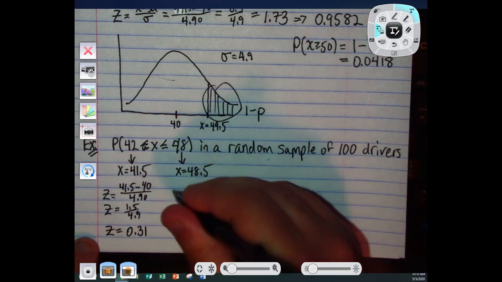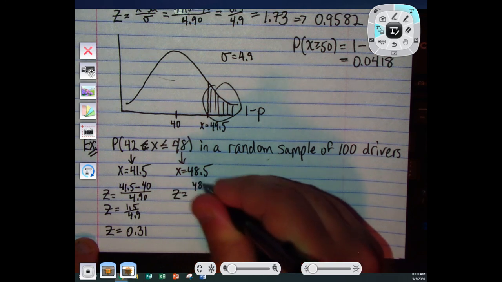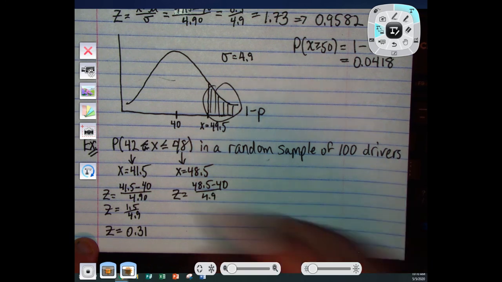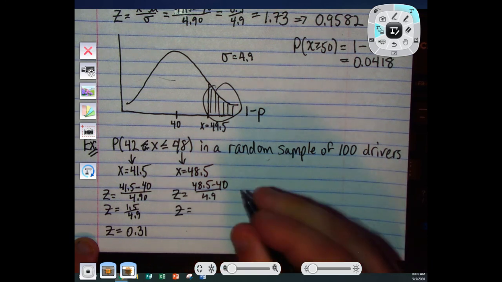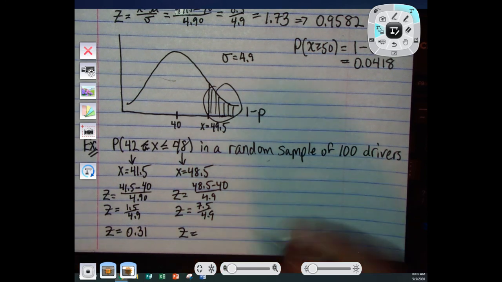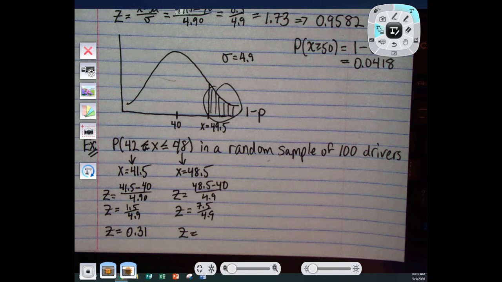And if I use 48.5 minus 40, that would be 8.5 divided by 4.9, which gives us a z-score of 1.73.